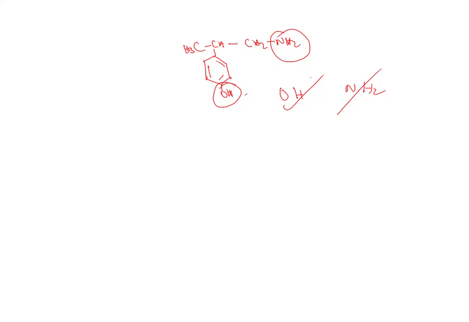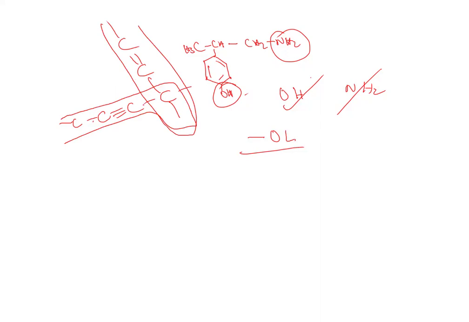Therefore, we know the compound will have the class name ol. Okay. So it's the same thing if you have a chain. We select the one with the triple bond over the double bond one. Remember that. It is because triple bond has the priority over the other one.